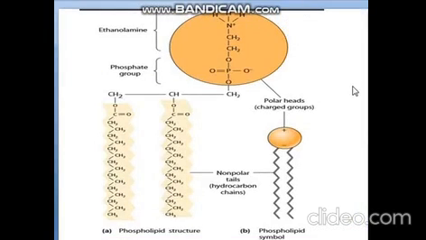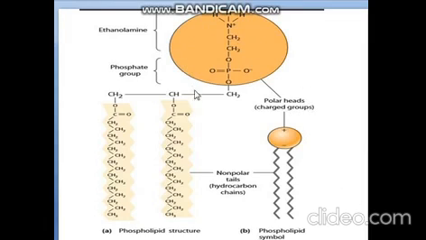So it is a phospholipid bilayer, and a phospholipid molecule, as you all know, consists of two long non-polar tails. As you can see in this image, these tails are non-polar, they are hydrocarbons, and these are lipids. Because of their structure, hydrocarbons play a part in the hydrophobicity of this molecule.